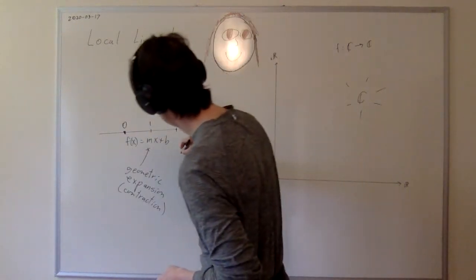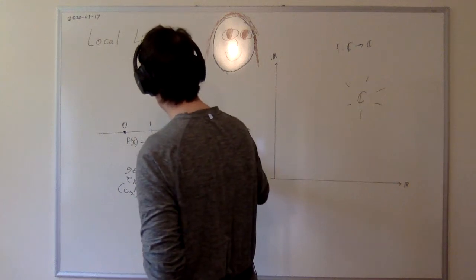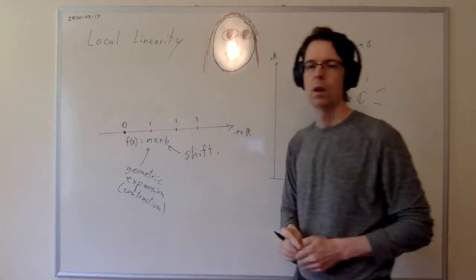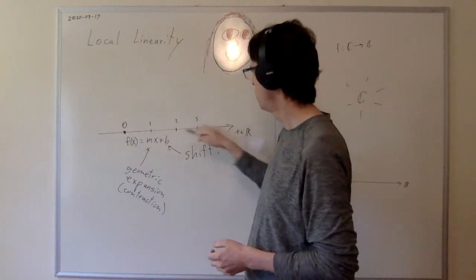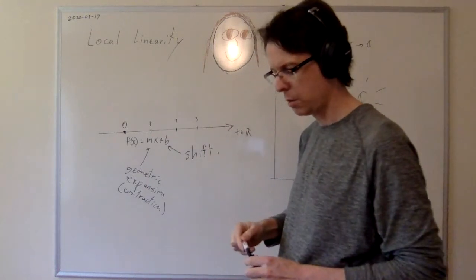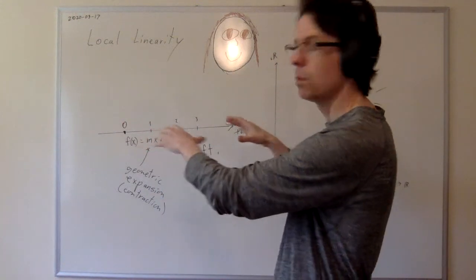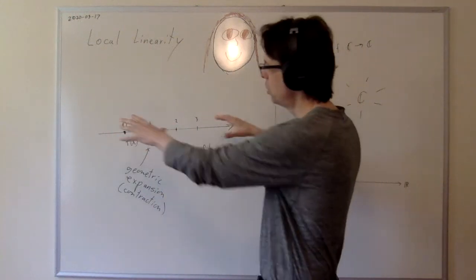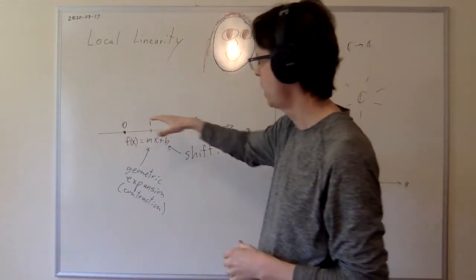The b, of course, is even simpler geometrically. The b is just a shift. So a linear function from this point of view has the geometry of expanding the numbers and shifting their distance between them, but uniformly so, and then shifting them along this single axis here.